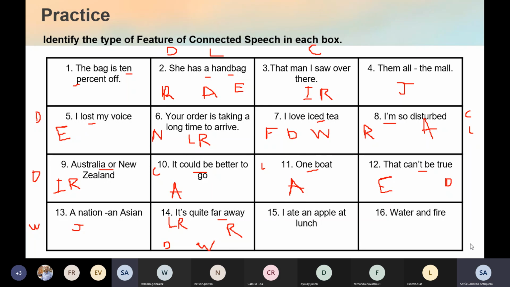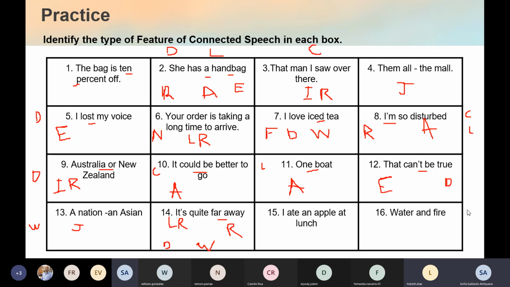The next one. Any ideas? Intrusion. Okay, where? I ate an apple. Okay. Intrusive R?